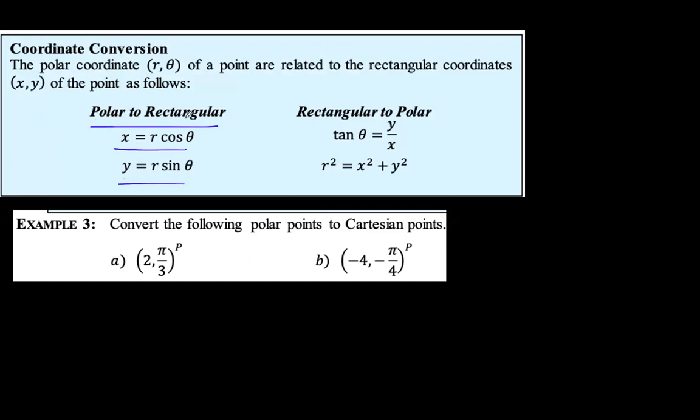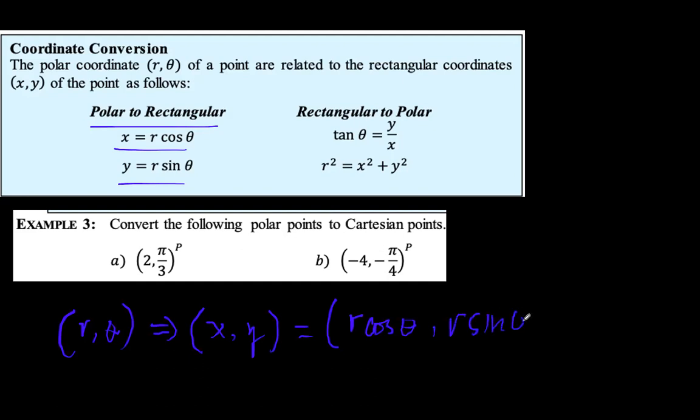So polar to rectangular, the given (r, theta) should be converted into (x, y). How do we solve for x and y? x is just r cosine theta, given the angle and the radius. And y is just r sine theta, given the angle and the radius.